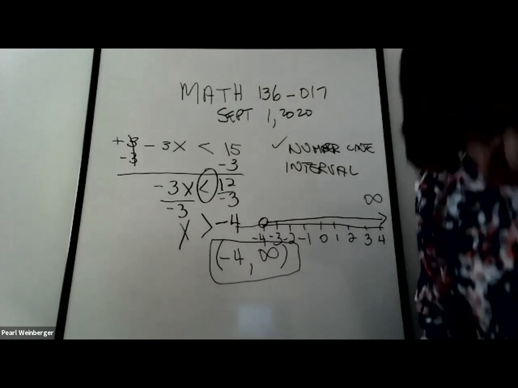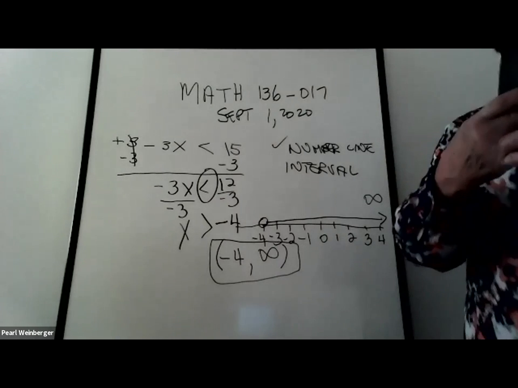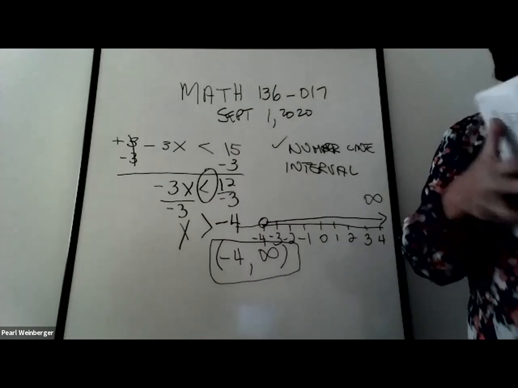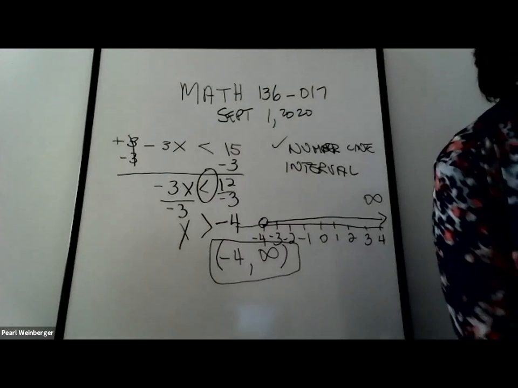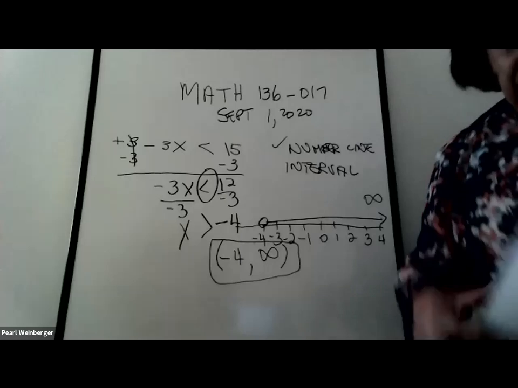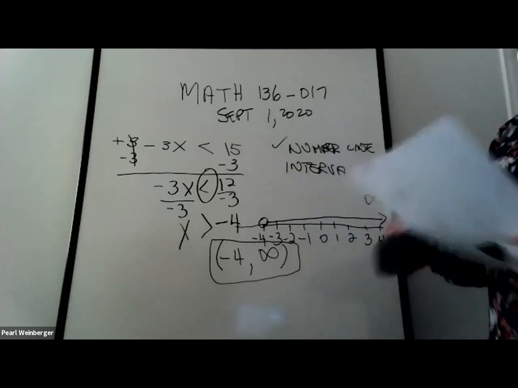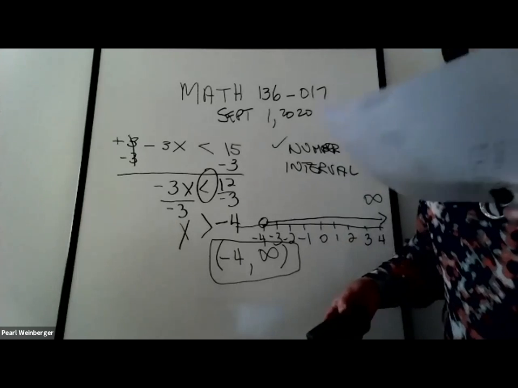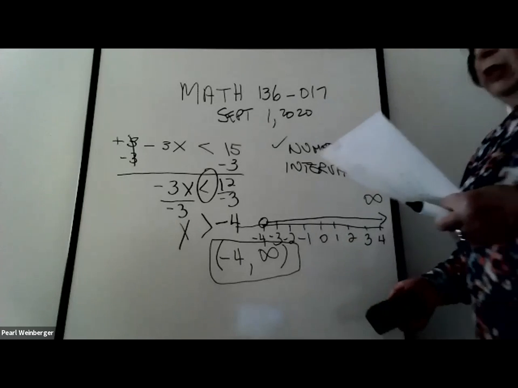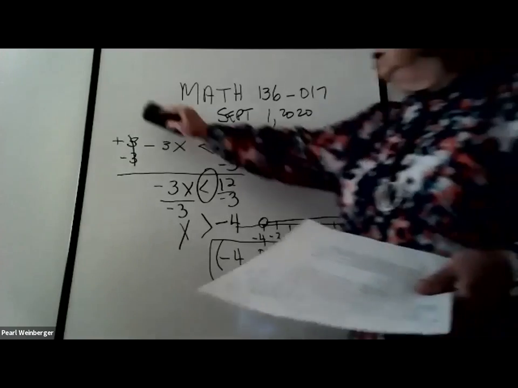We are going to be doing all the types of questions that are on the practice example sheet, the types that we haven't covered yet, and this is basically chapter 1 in our textbook. So let's go through those.